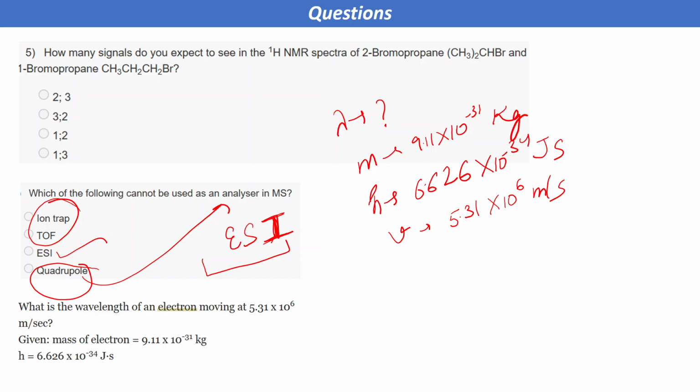Wavelength you have to calculate. So just tell me the formula. Which formula will you use to calculate the wavelength? Lambda is equal to h upon mv. Correct. Now everything is given, you just have to directly apply it in the equation.